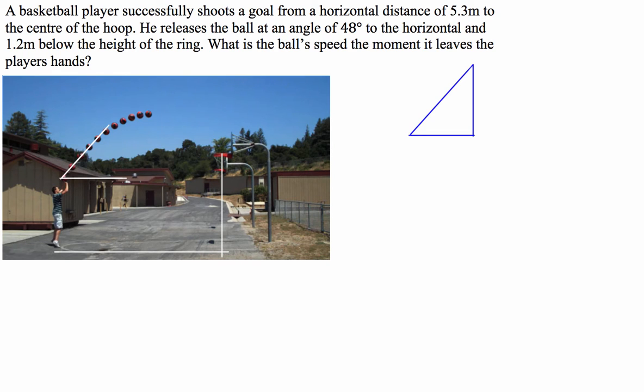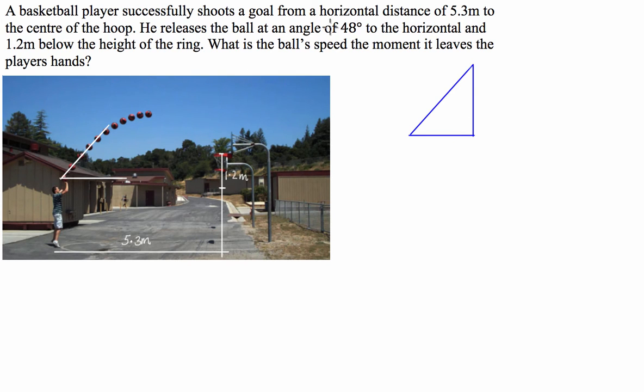Okay, so this is going to be a bit of a tricky one. Let's just put down everything that we know first. So it's a horizontal distance of 5.3 meters, so let's just write that on our picture. 5.3 meters. We have a distance below the ring, so the ball is going to be traveling from here to here, which is 1.2 meters.